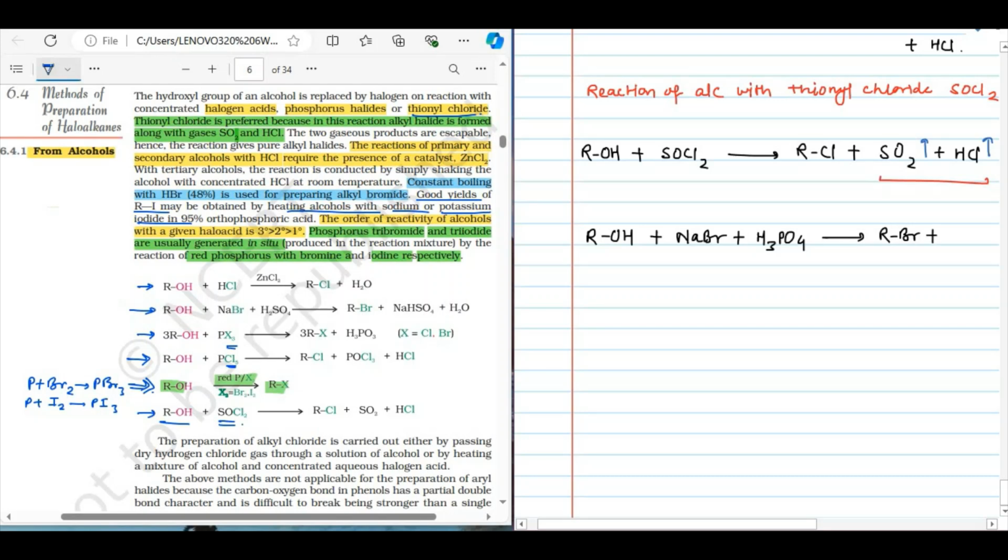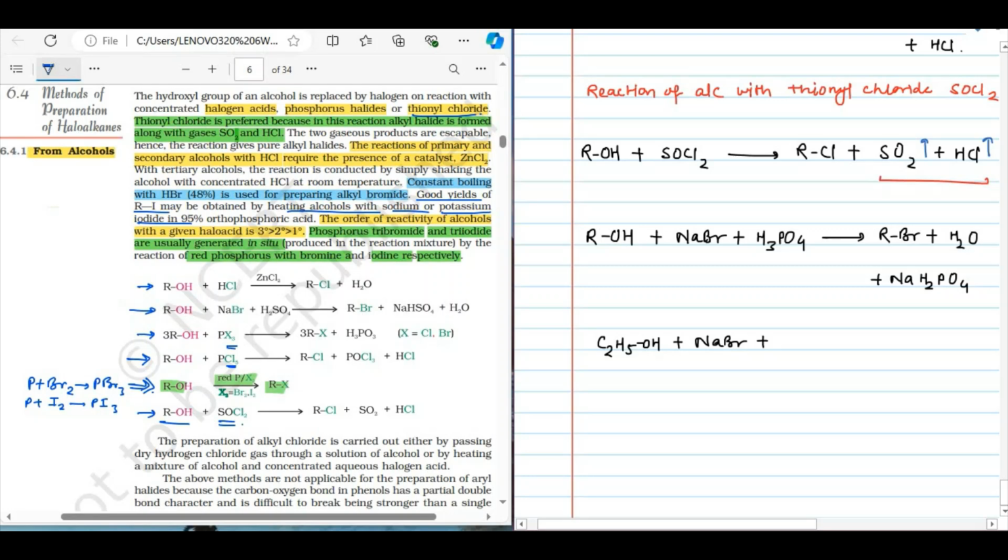Here byproducts are H2O and NaH2PO4. So now write the specific example. We can take ethanol. Here I can write C2H5OH when it reacts with KBr, or you can take NaBr.